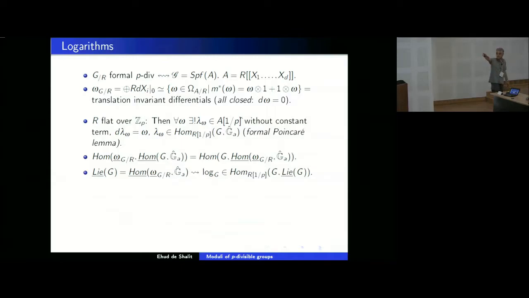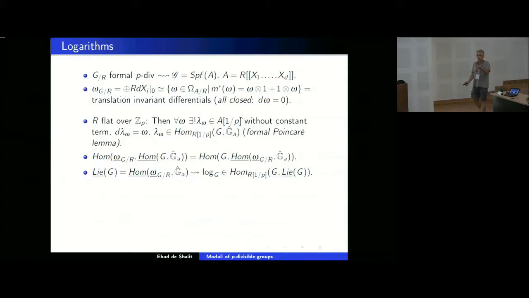But that's why I have the little, you are very sharp, but you see this little thing here? This is completion. You're absolutely right. I cannot just invert p. I should invert p and complete because the denominators grow. You're right. So this is the formal Poincaré lemma.